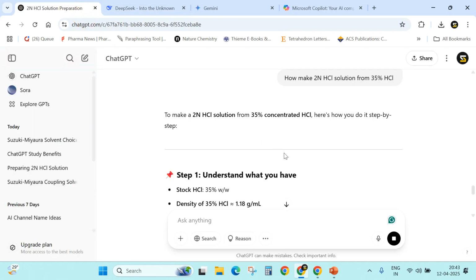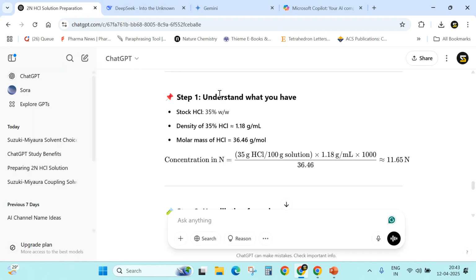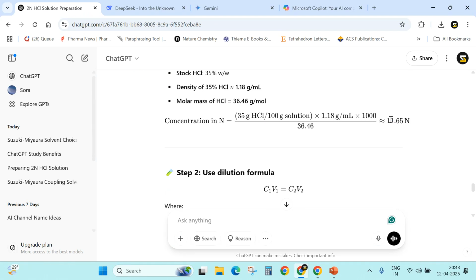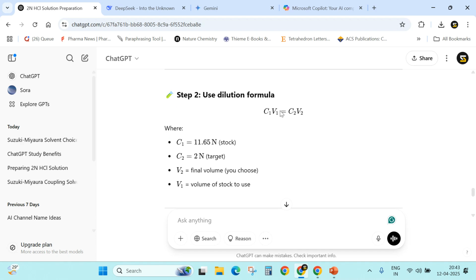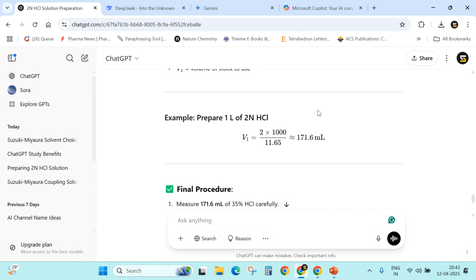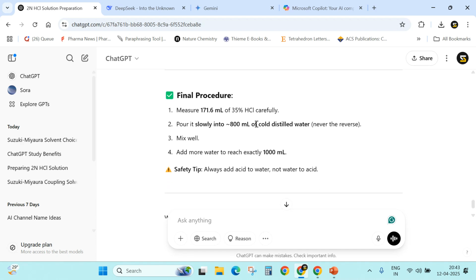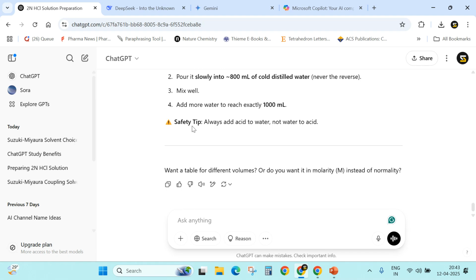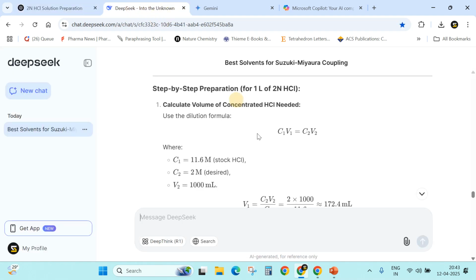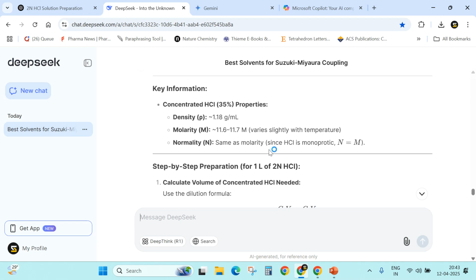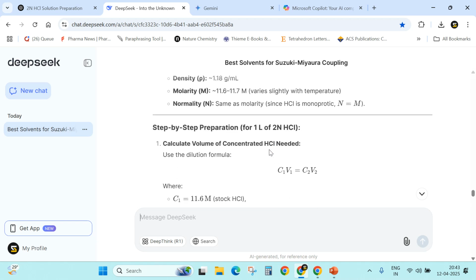If you see this, in the OpenAI answer, first they calculate the normality, then use the dilution formula, and also give the procedure. If you go to the DeepSeek answer, there is similarity.